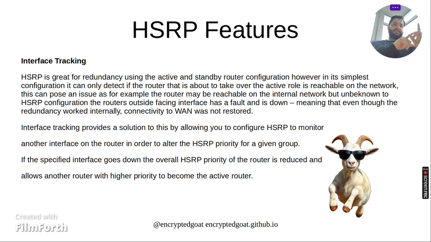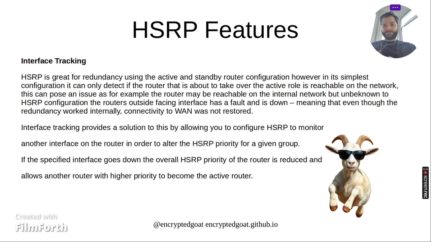Let's say this is working fine internally, but one interface is down for whatever reason. How would it know? It wouldn't know on its own. You'd have to put interface tracking in place. Basically, if the interface is down, it will drop the priority by default by 10, and it does it in intervals of 10.